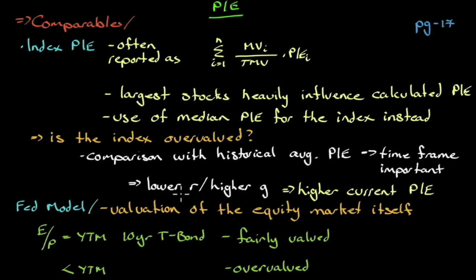Also, the lower the perceived level of risk and the lower the interest rates are in the marketplace, and the higher the growth prospects, or the higher the actual growth in earnings, the higher the current PE. So the index can justify a high PE if interest rates are really, really low in the economy, because that would mean that the risk-free rates are really, really low, and that's a component of the required return if you think of CAPM.